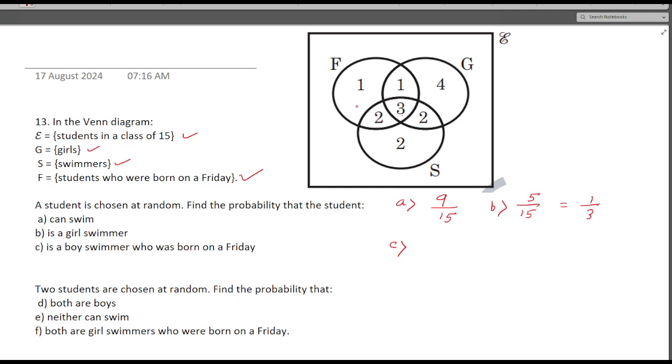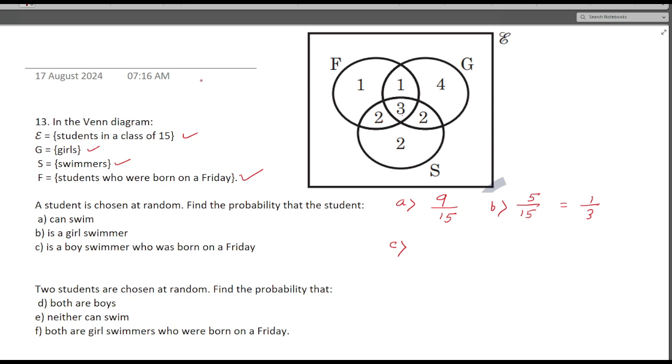Now, is a boy swimmer who is born on Friday. So he should be a swimmer as well as should be born on Friday.